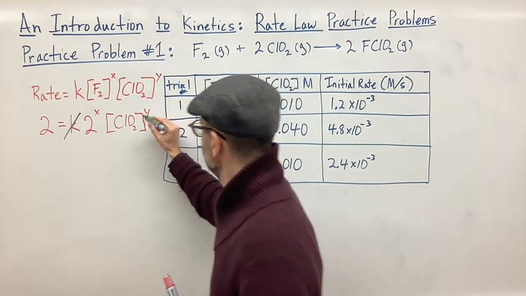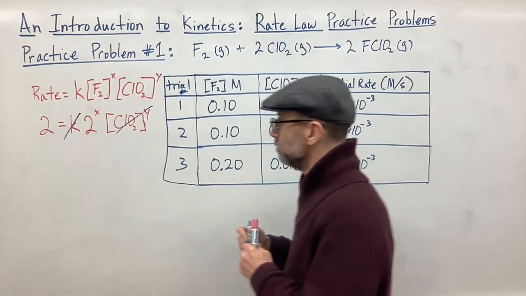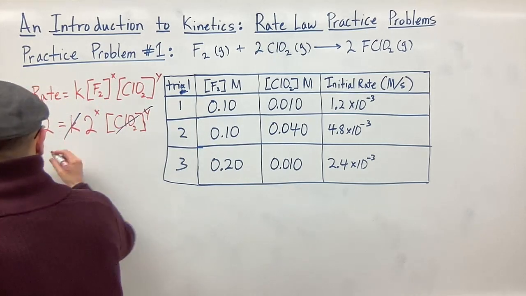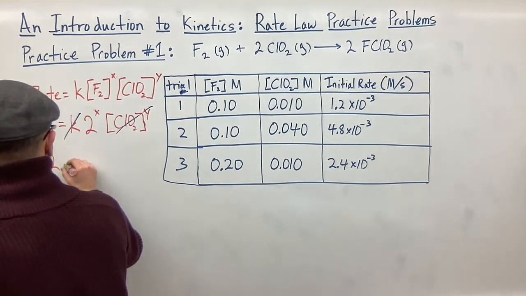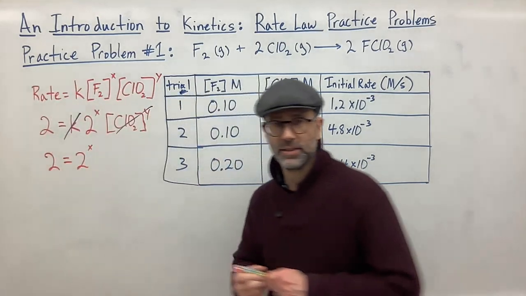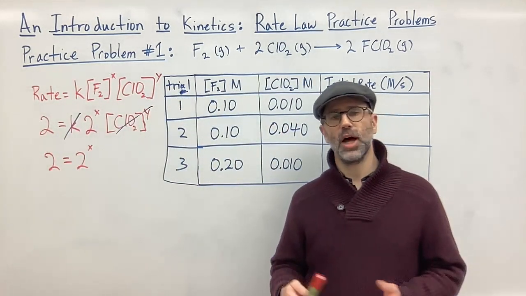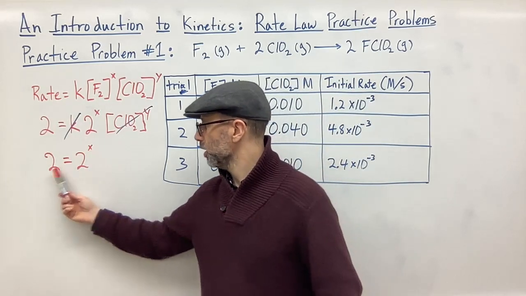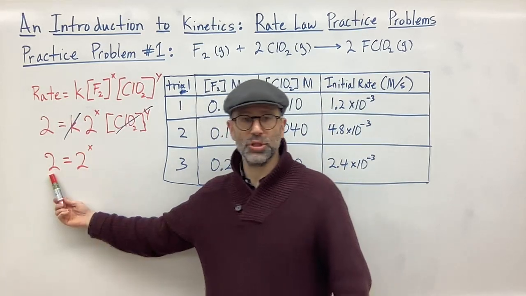So this goes away too. And what I'm left with is 2 equals 2 to the x. So then I asked myself, okay, well, what does x have to be in order for 2 to the x to be equal to 2?